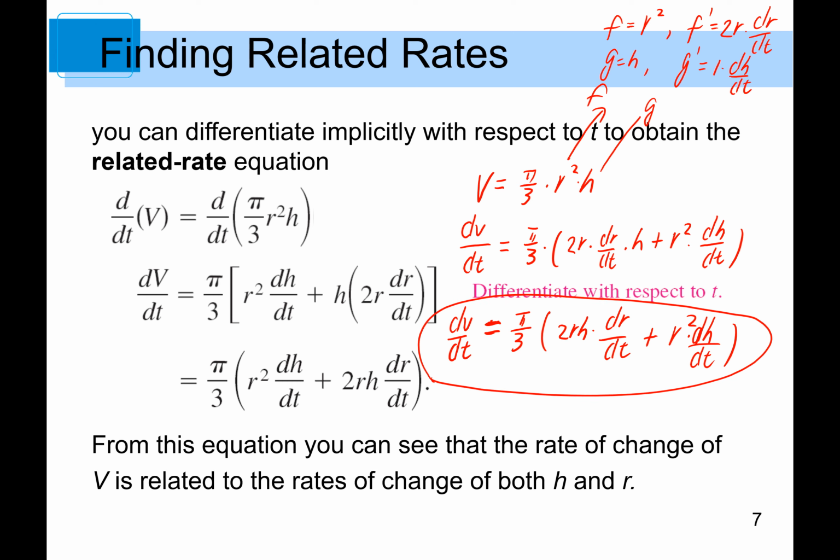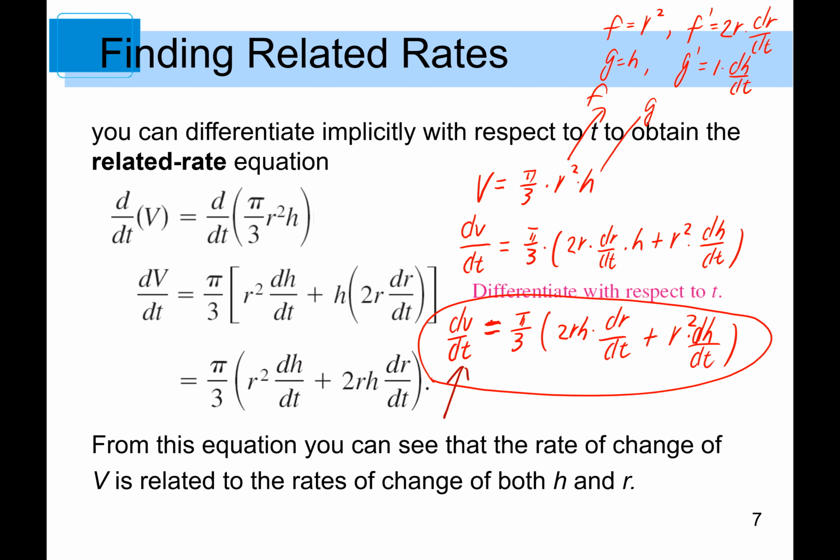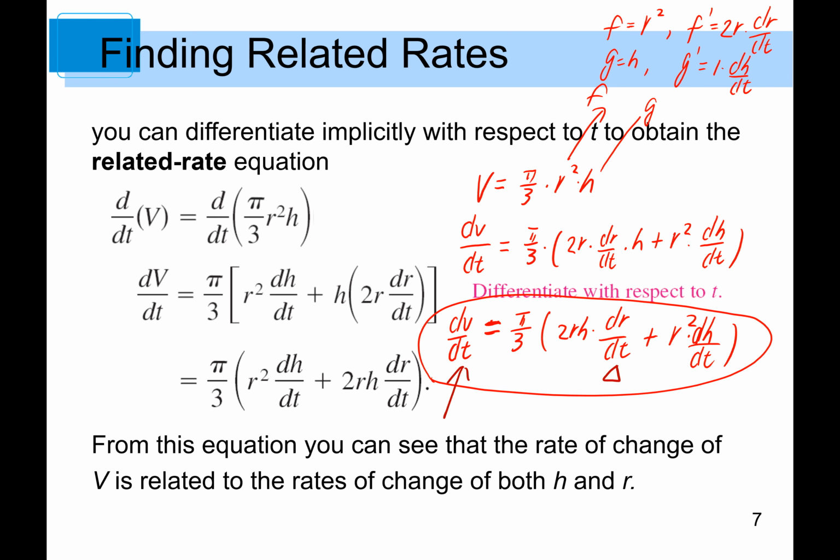From this equation, you can see that the rate of change of V is related to the rates of change of both r and h. Meaning this thing is related to two things, this and that.